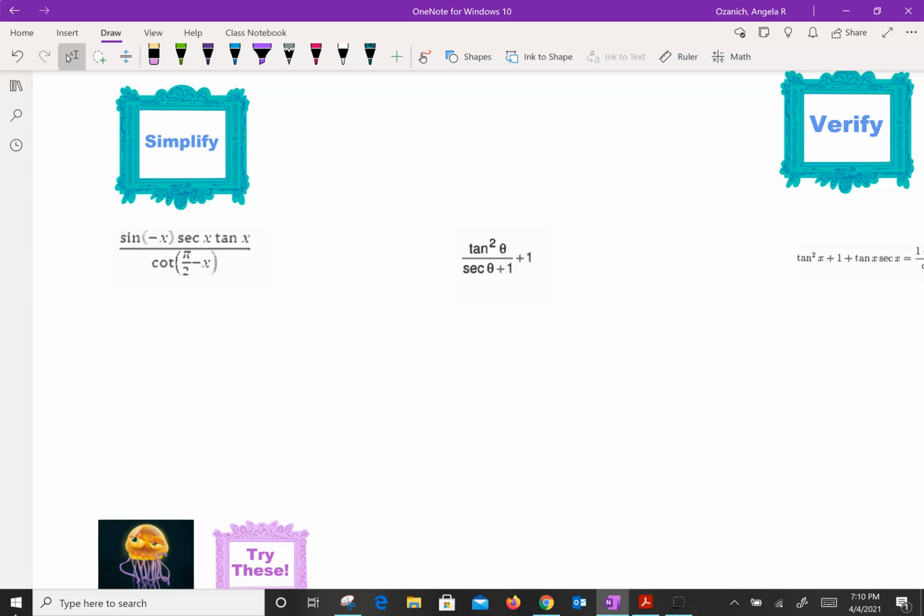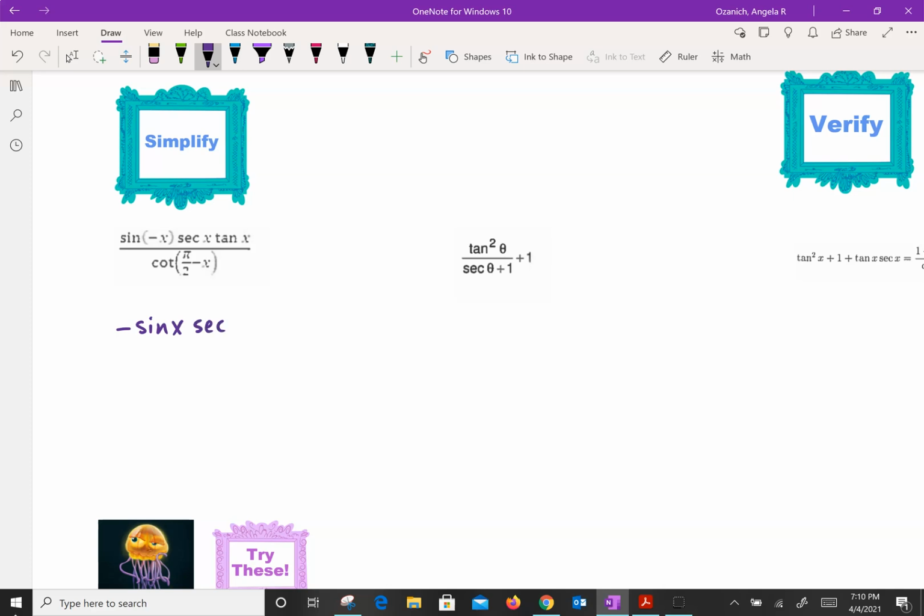We're going to do a couple of these together real quick, simplifying and verifying. I'll do one, you do one, and we'll move on through the rest of the types of things you're going to see on your exam. Let me start with this one right here. I see sine of negative x. That looks like an odd even identity. So I'm going to substitute negative 1 times the sine of x.